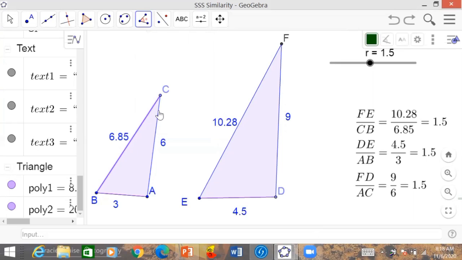Now measure angle C, that is 25.9 here, angle A 93.1 here, and angle B is 61 degree.